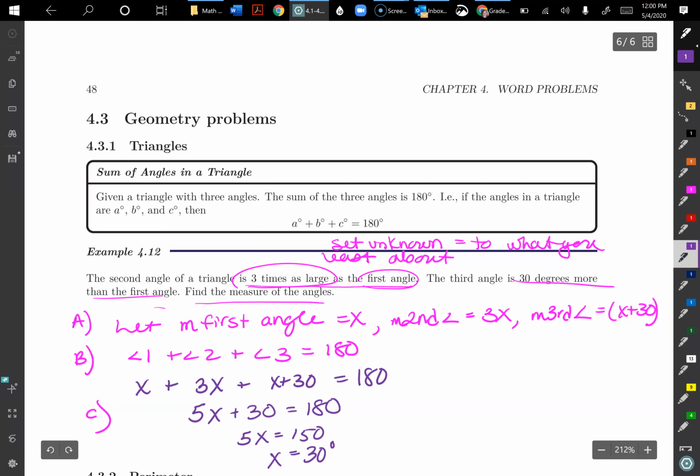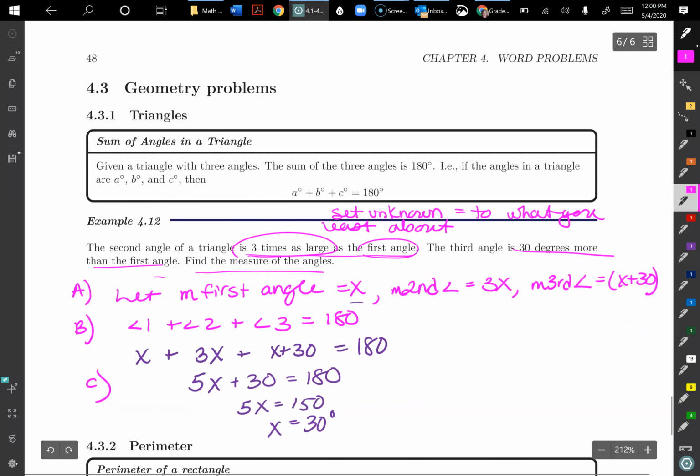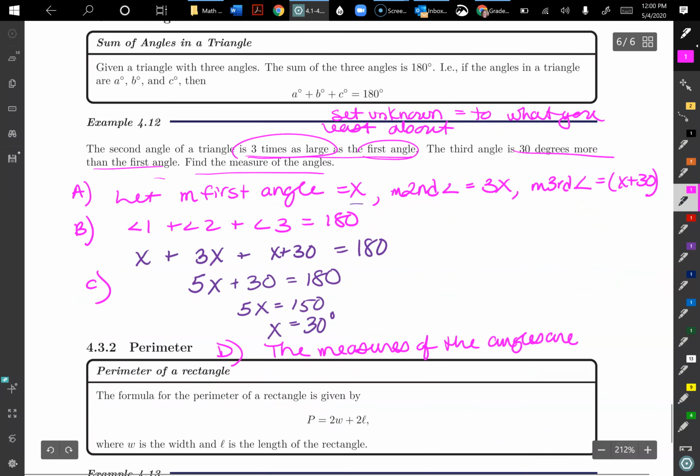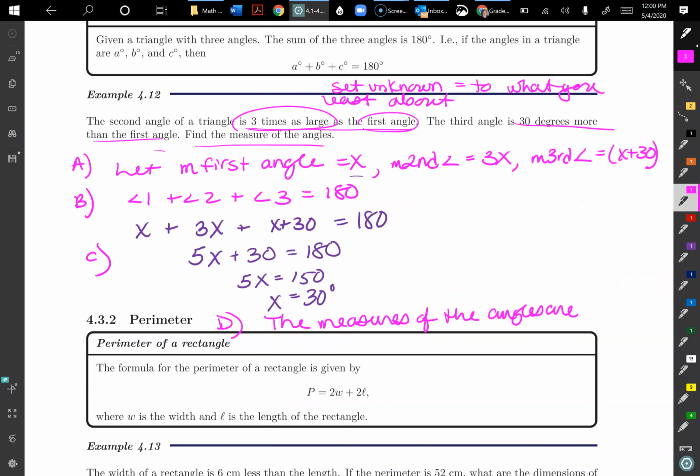But now I'm not done. I have to reference back up here. So if the first angle is 30, so I have my D, I have to figure out the other measures. So the measures of the angles are, let's see, we have 30 degrees. 3 times 30 would be 90 degrees.